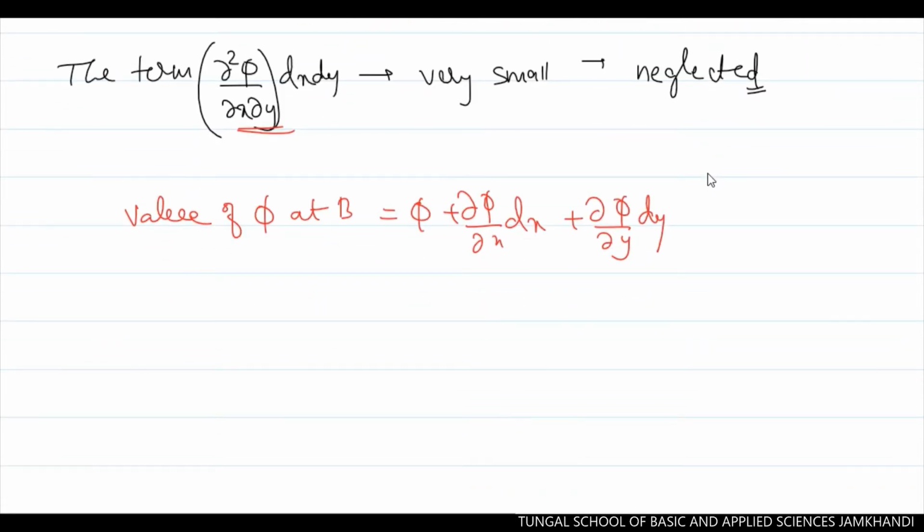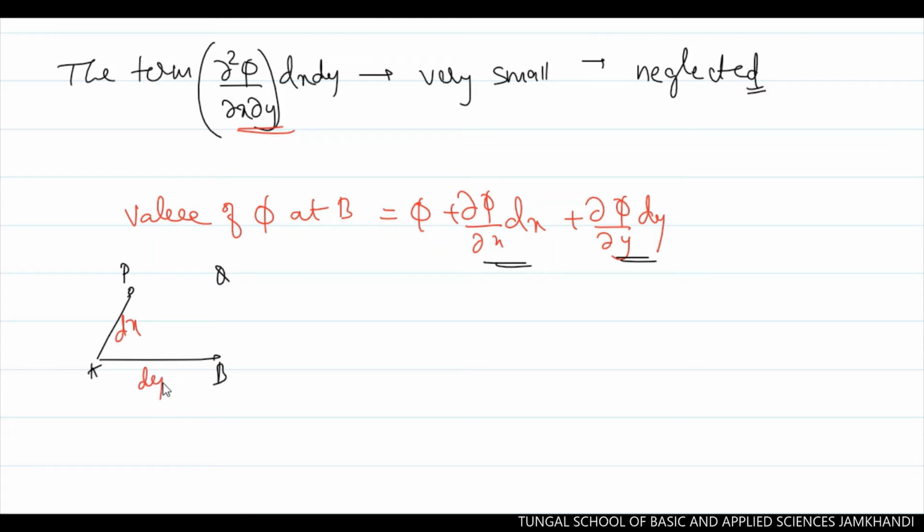So we can highlight just the variation of that function along only the x-axis and only the y-axis, because point B should be reached from point P. This is the diagram. P to Q, means P to A, then A to B. So it should come with dx variation along x and dy variation along y.